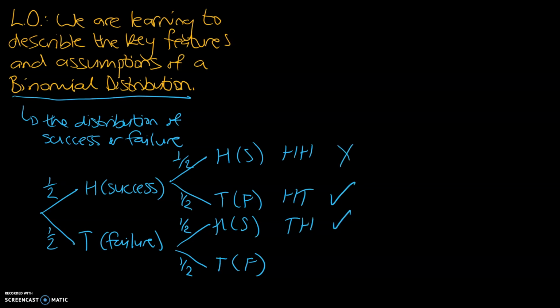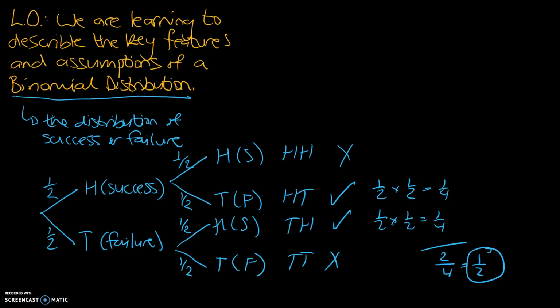There's 2 heads up there, so that's a cross, and tails, tails is a cross as well. That would be 1/2 times 1/2 equals 1/4, and 1/2 times 1/2 equals 1/4 as well. Combined, 2/4 or 1/2. So the probability of getting one head would be 1/2.